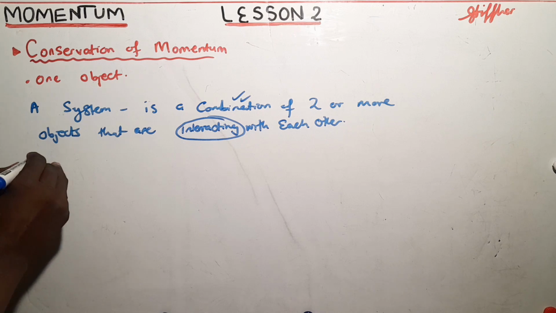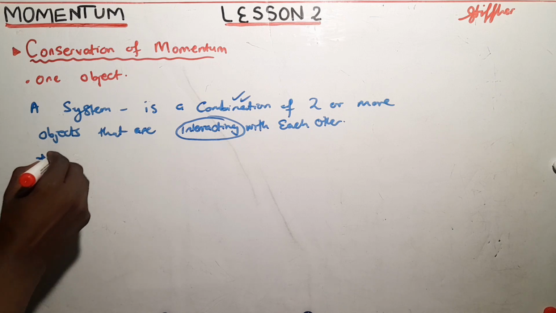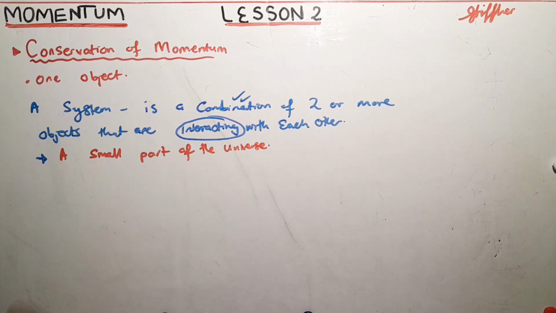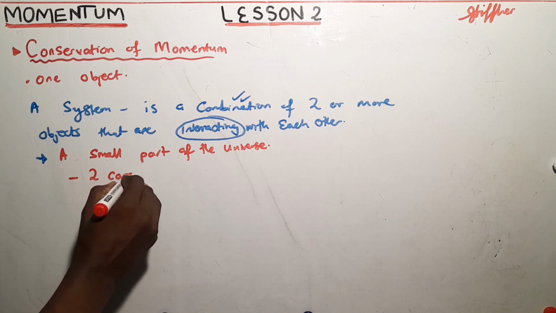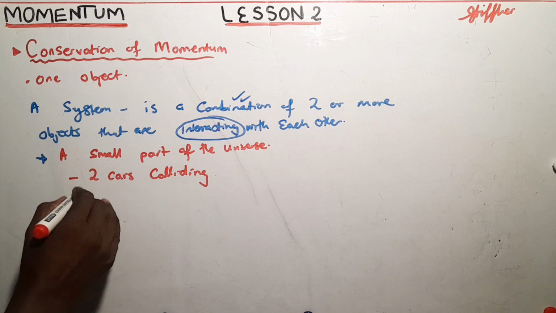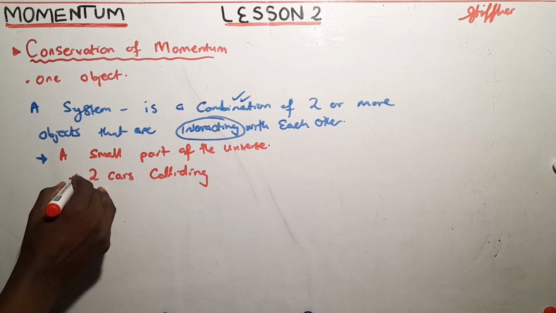So already we discussed that this topic is more about collisions between two or more objects. So a system can be a small part of the universe. Systems can include stuff like maybe two cars colliding, or it can include maybe when you are playing pool there.